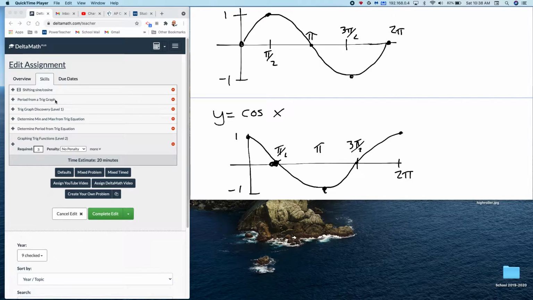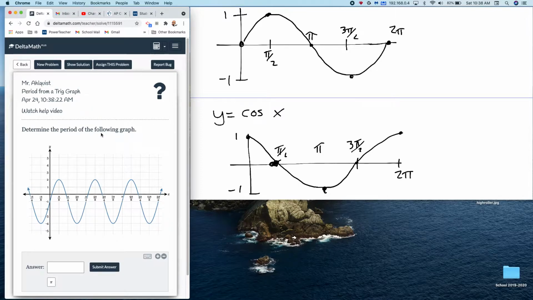So take a look at a problem like this from your assignment. Here's this one, and it's asking for the period. Well, notice the period for this. If you started here at 0 and it goes up, reaches a peak, it's a sine curve, comes back down to 0, then goes back down to the valley, and then comes back up and stops right there, and then it repeats again.